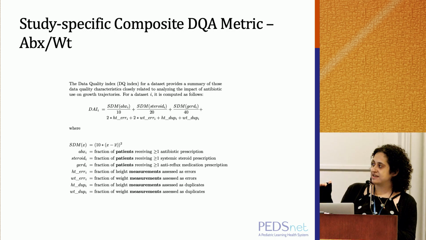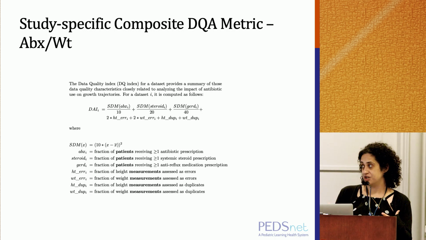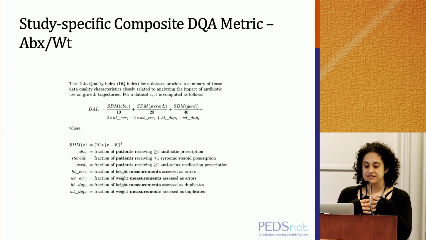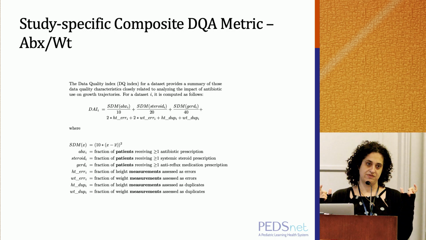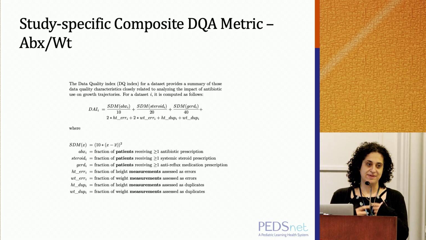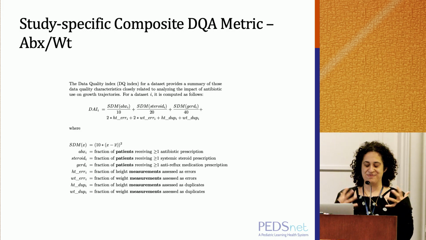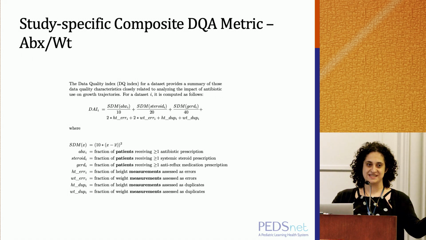But this is basically formalizing a way to look at the major study variables, computing missingness and informativeness, coming up with some sort of composite, and then being able to apply that systematically in these studies. So this is us thinking about how to develop a systematic approach to doing this for each study.